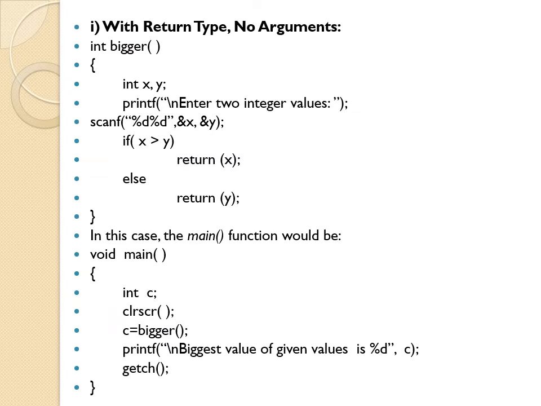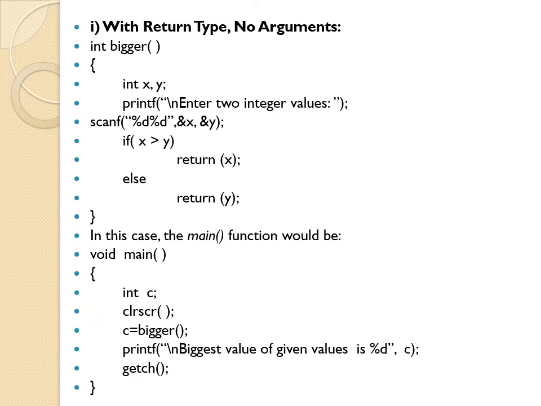There are different ways of writing a function. Now we will go into one after the other. Let us assume that we are about to write a function with the name bigger. The bigger function will return an integer value. That means if you take two integer values x and y, whichever value is higher, that value will be returned by this bigger function.